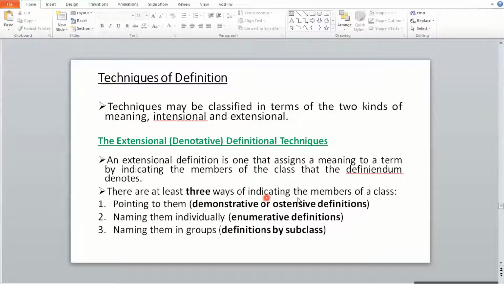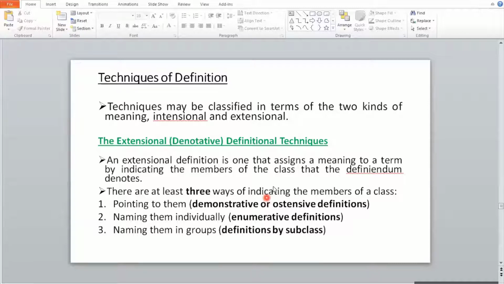Extensional or denotative definitional techniques can be understood in 3 ways. The first one is pointing at them. Them here refers to the members of the class. Alternatively, it's known as a demonstrative or ostensive definition.